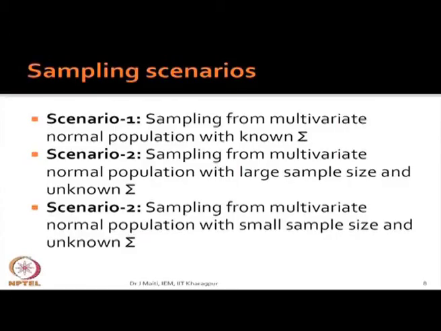So it is possible, when you sample from a non-normal population, if your sample size is large, because of the benefit from the central limit theorem, you can still say that x bar follows a multivariate normal distribution, and you can proceed. We will not discuss that part.